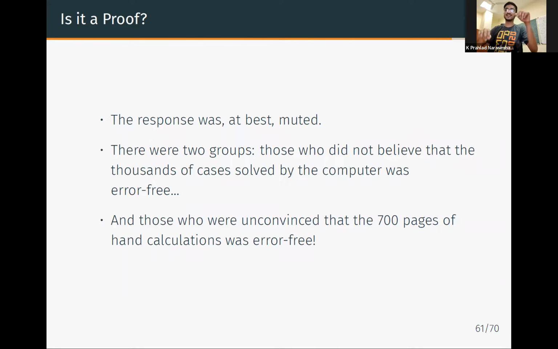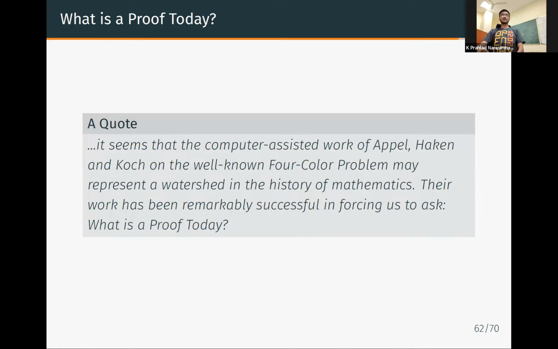The older ones were unconvinced that the computer work was error-free. So when he was giving this talk, Haken's son said this is a watershed moment in the history of mathematics. He essentially remarked that we have to ask, what is a proof? Is this even a proof?